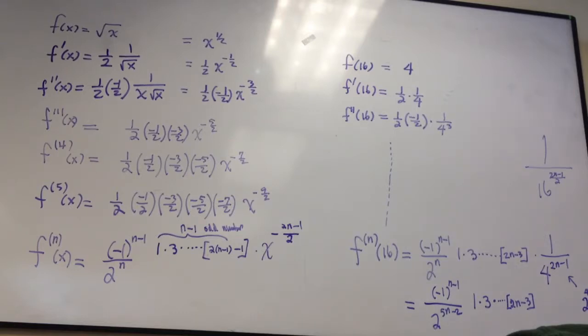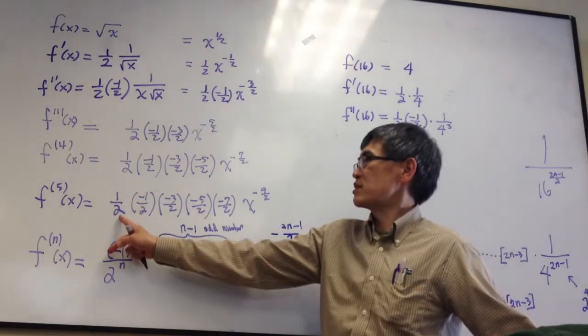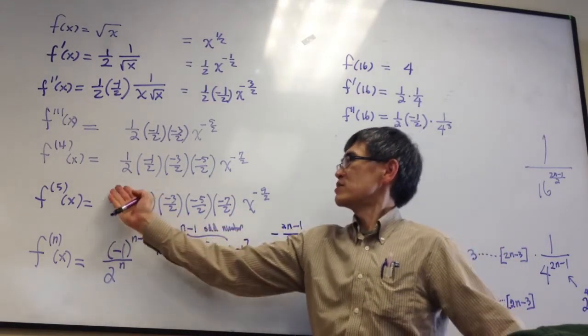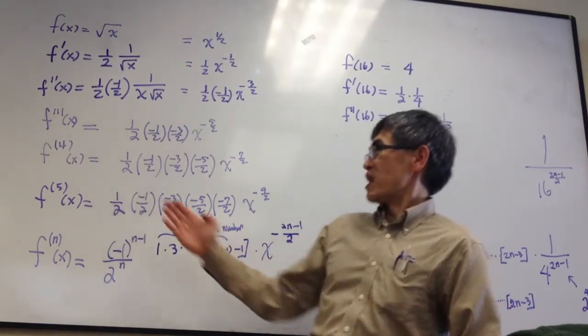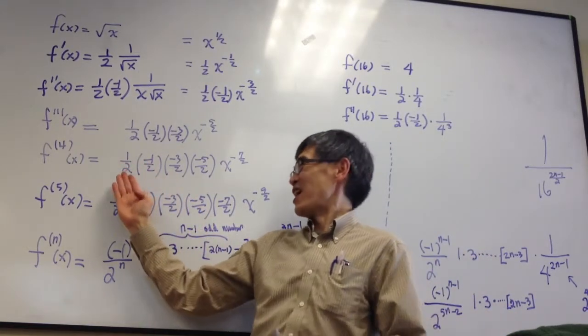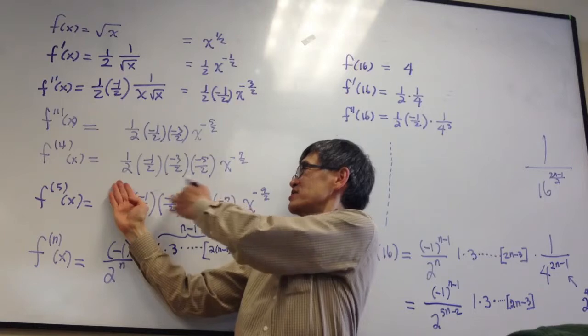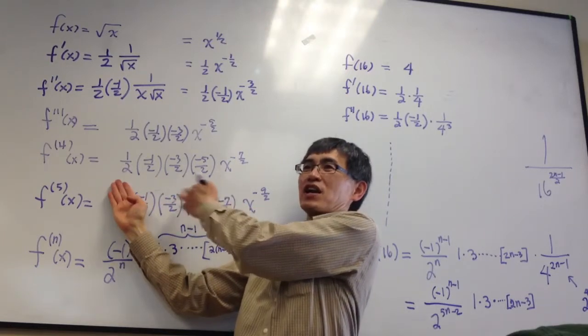So is it 2n minus 3 to compensate for the first term being the positive 1/2? No, I didn't even consider this positive 1/2 because of the odd number thing, you know, I was thinking this way. I was thinking these negative odd numbers.